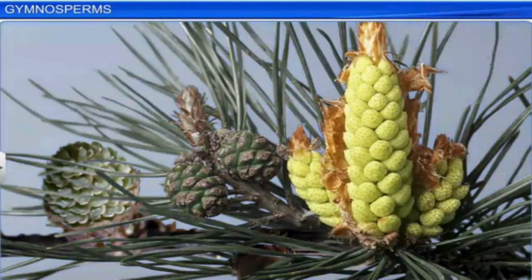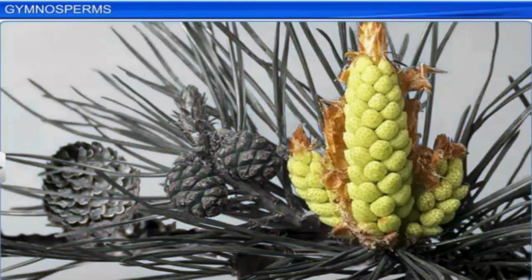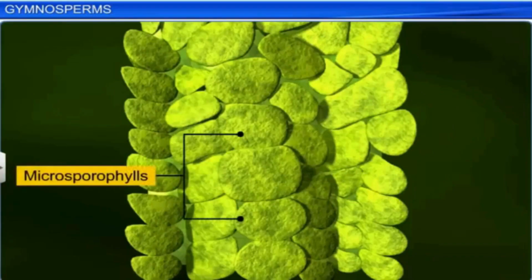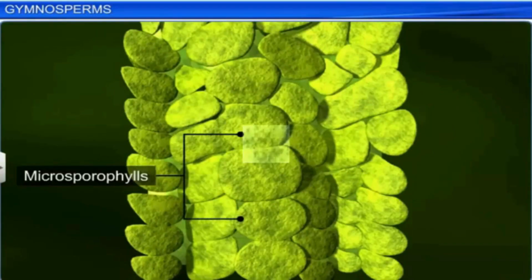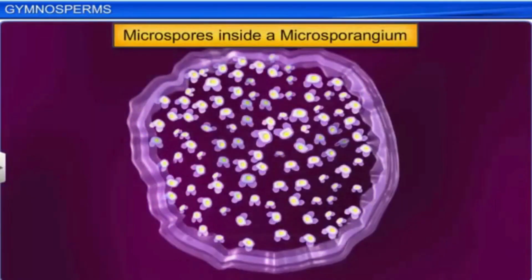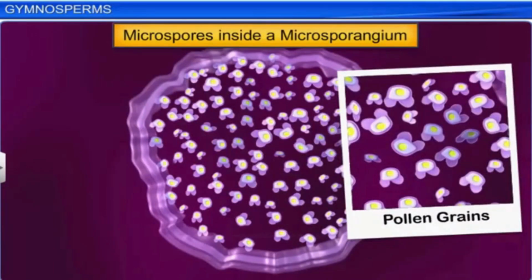The male strobilus has spirally arranged leaf-like structures called microsporophylls, which bear microsporangia, a structure that produces haploid microspores. A few microspores develop into male gametes called pollen grains, and the rest degenerate.